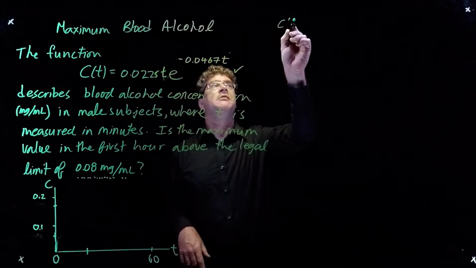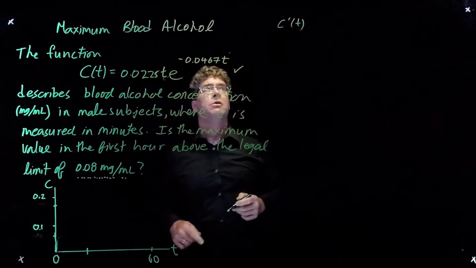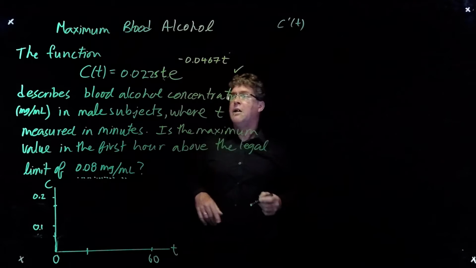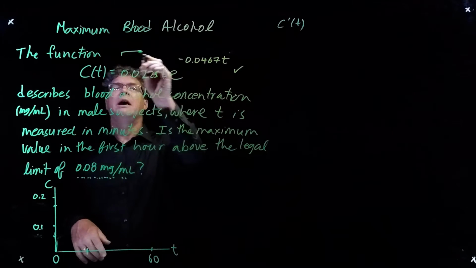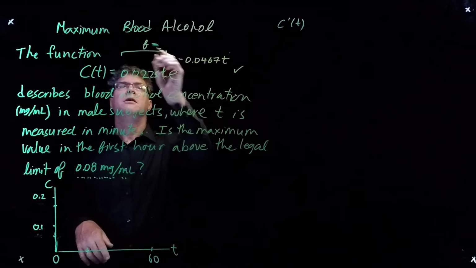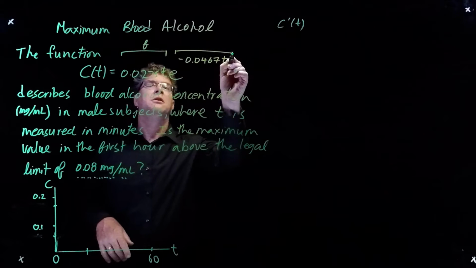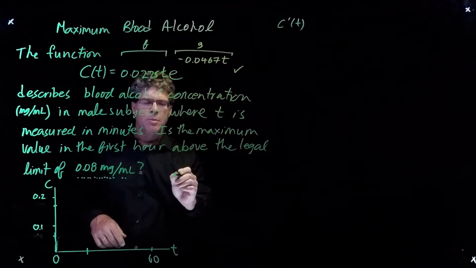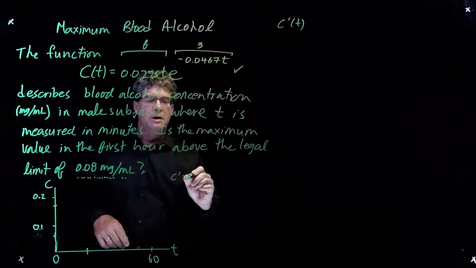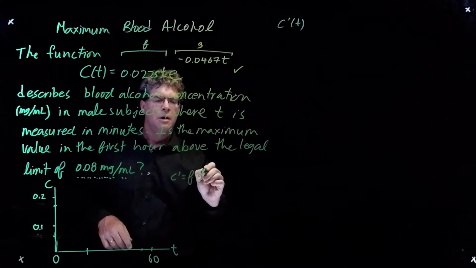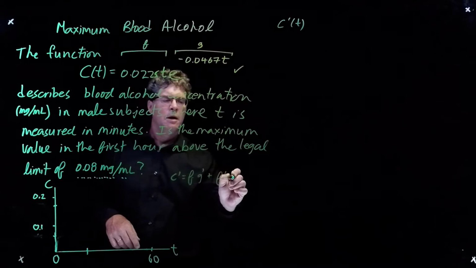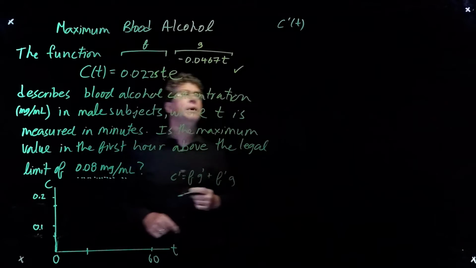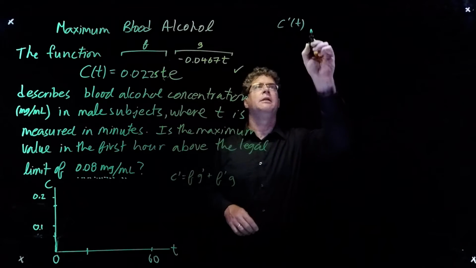We want to set c prime of t to be 0. If we want to calculate c prime, we can see that we have a function f here and a function g here. And the formula for c prime will then be f g prime plus f prime g. And so let's go ahead and calculate that.